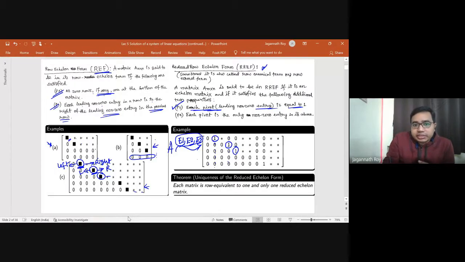You will get this unique matrix. Whatever order you follow, either E1, E2, E3 or E3, E2, E1, you will finally end up with the same reduced row echelon form. So that's what this theorem says.